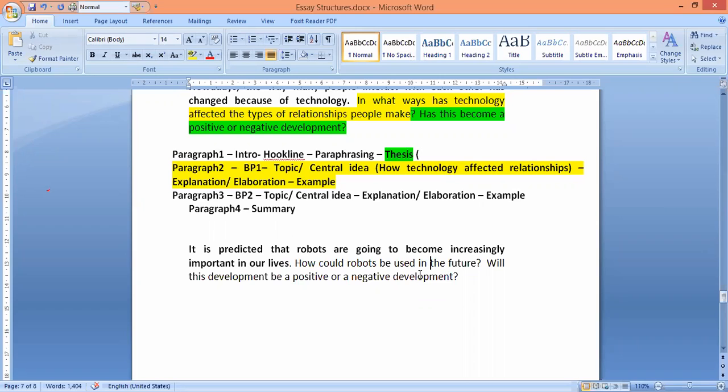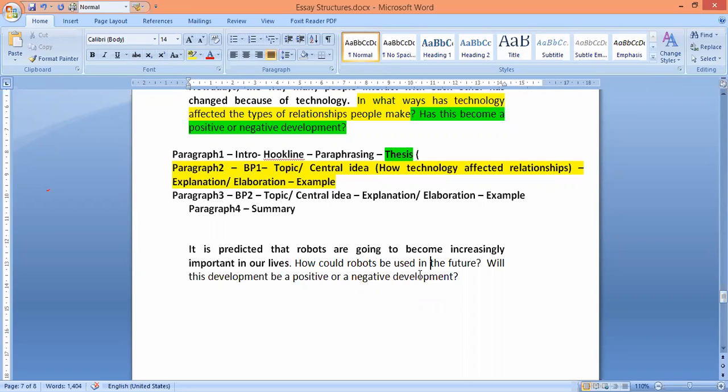We need more ideas for this. If we're discussing one idea in this part, how could robots be used in future, we'll have to stick to that particular use. If you say that robots can be used in the medical field and the agriculture field, then in the development also you say it's a positive development, because it's affecting people positively, or it has a positive use.